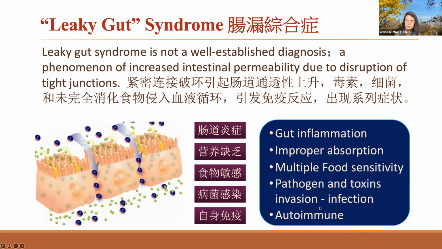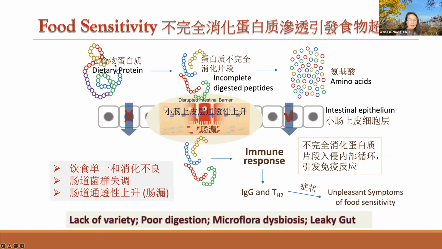So pathogens and toxins may invade into the blood circulation, cause infection and immune responses, including autoimmune diseases. So that's the food protein that's incompletely digested, and when it's completely digested, we have amino acids. The amino acids will go into our blood circulation.